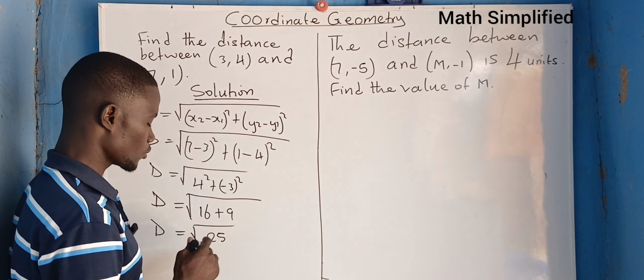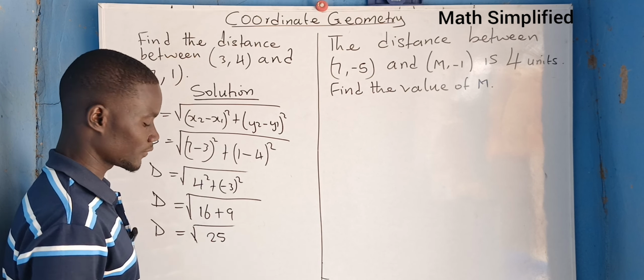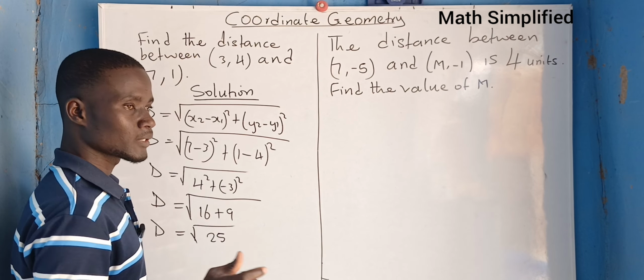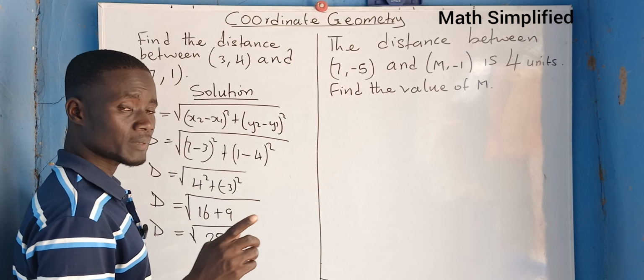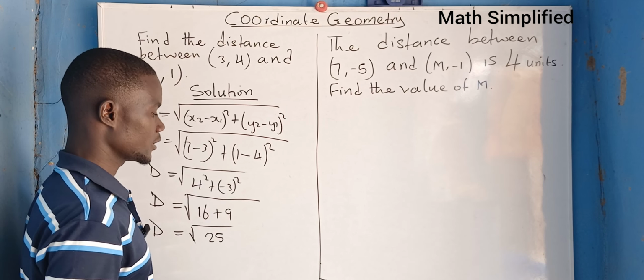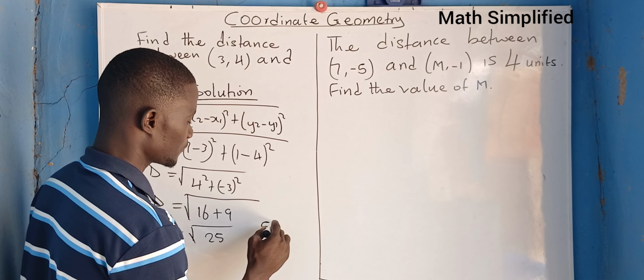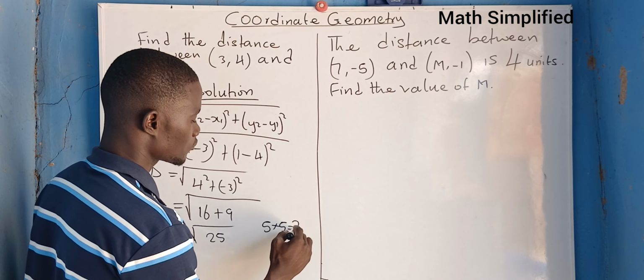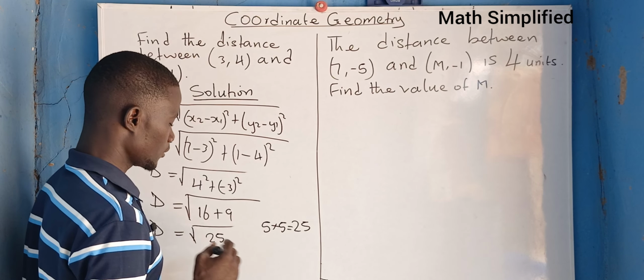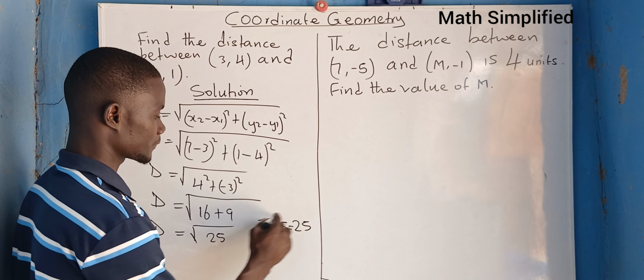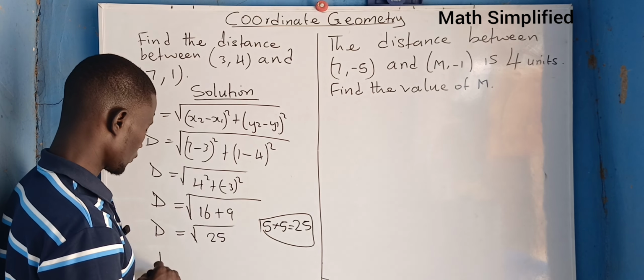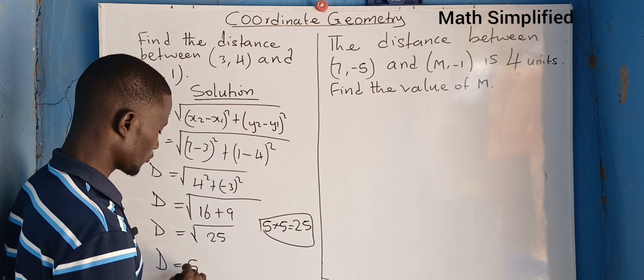So distance is equal to the square root of 25. The square root of 25 is a number that when you multiply it by itself, you get 25. And obviously 5 multiplied by 5 gives us 25. So the square root of 25 is 5. So distance is equal to 5.